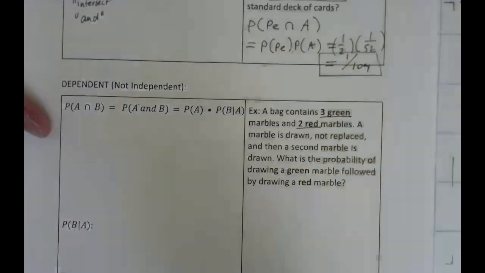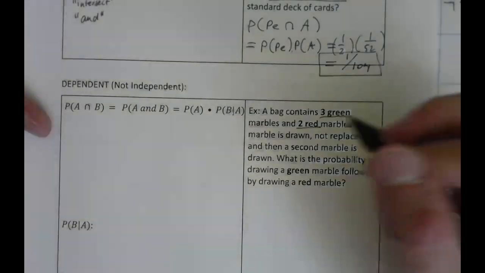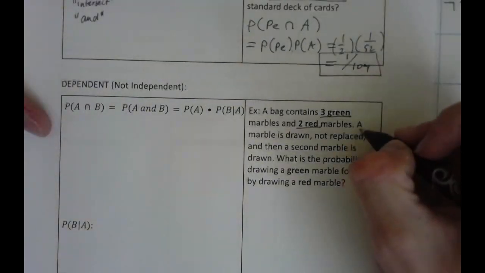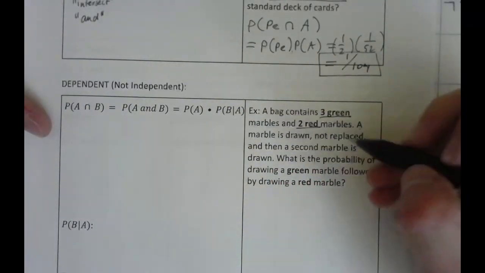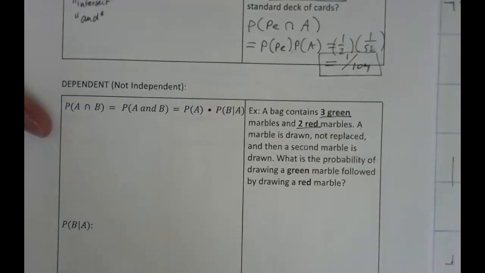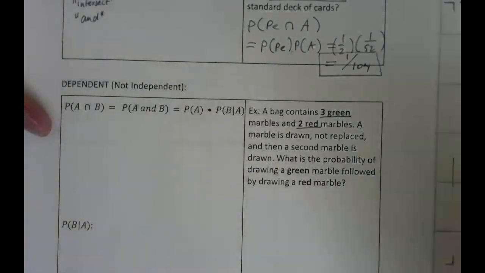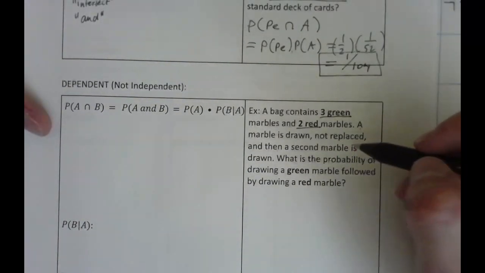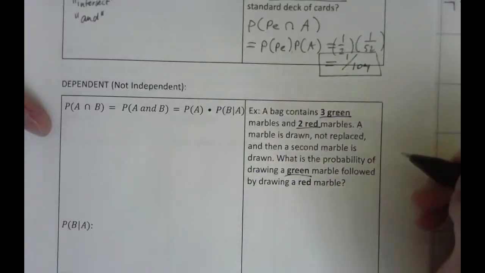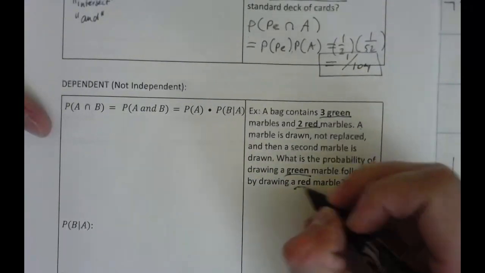A marble is drawn, not replaced, and then a second marble is drawn. So there's a bag of marbles. We take one out, don't put it back, and pull another one out. What is the probability of drawing a green marble followed by drawing a red marble?